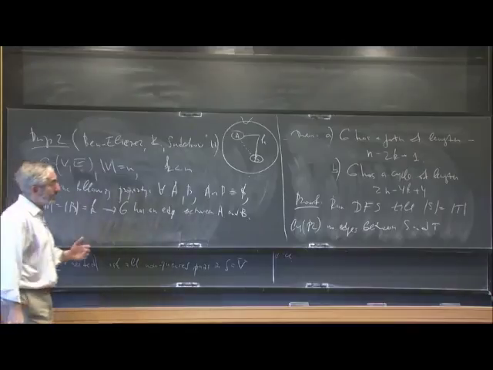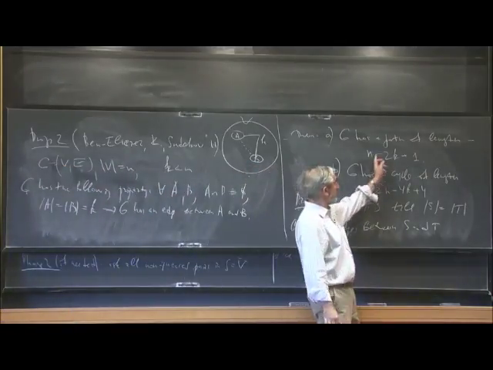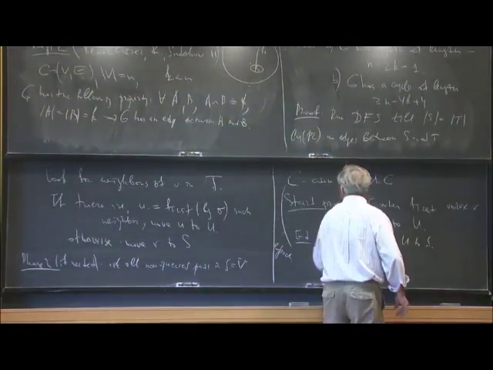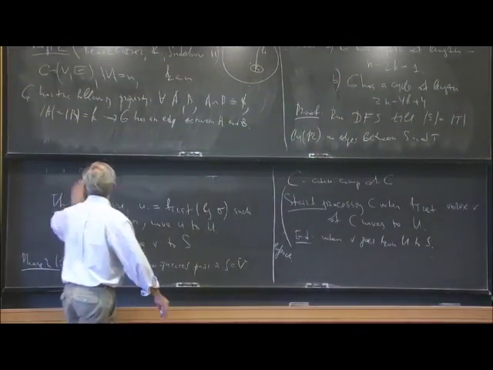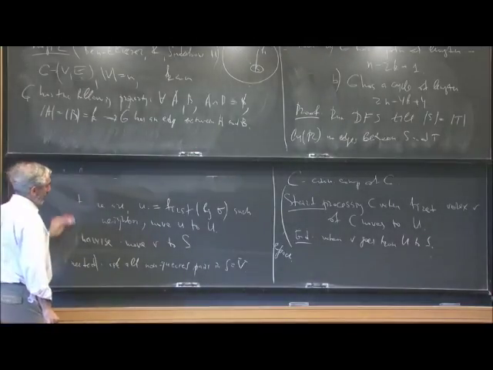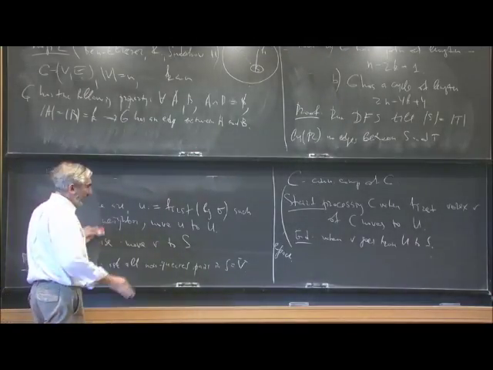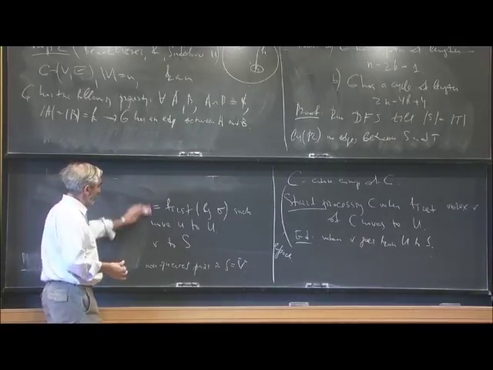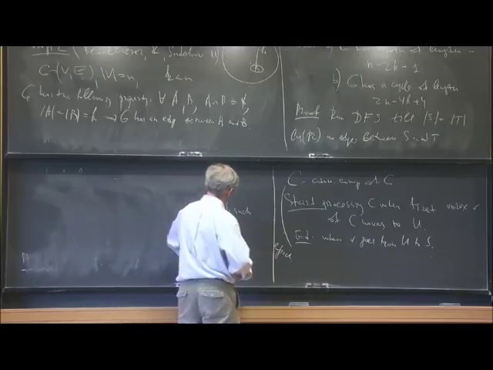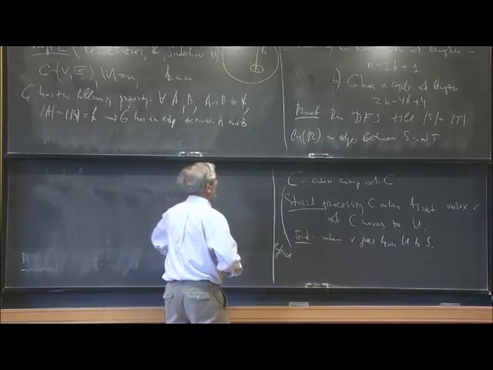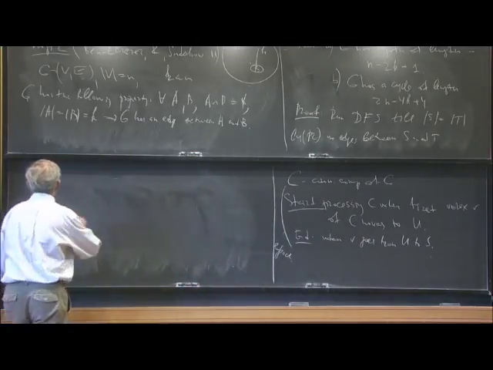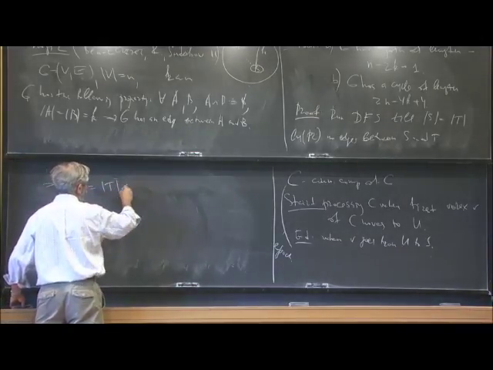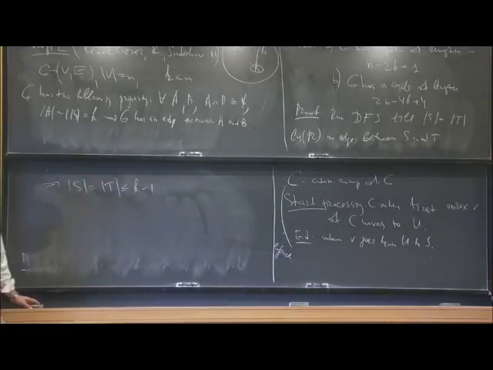Now, what does it tell us? It tells us that the size of S, which is equal to the size of T, both of them are less than k. I think they're both so simple that each of them more or less implies the other. Which means that the size of S, which is equal to the size of T, both of them are less than k, at most k minus 1.